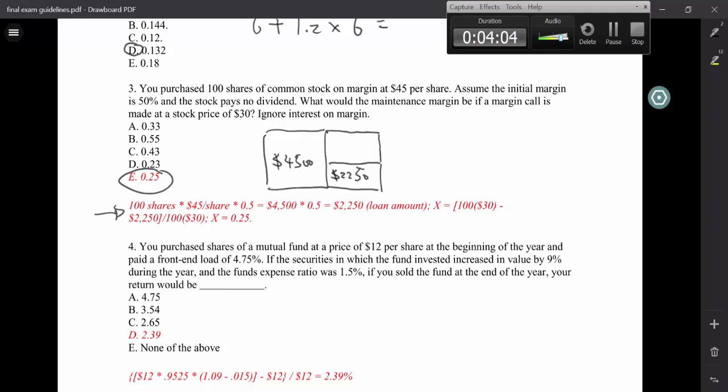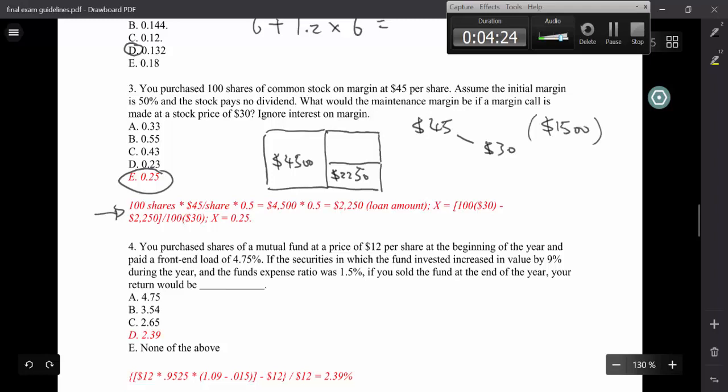Now, it's very simple. You ask yourself, if the stock goes from 45 to 30, so it's dropped $15, you have lost, therefore, $1,500, haven't you? Because you bought 100 stocks. So how much money have you got left in your account? You have got $750 left in your account.